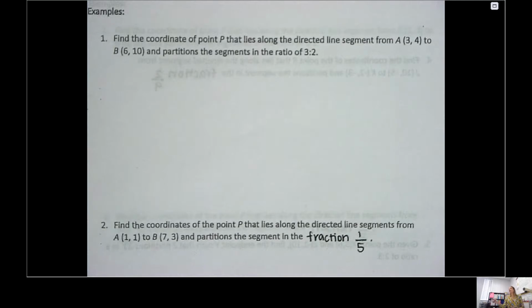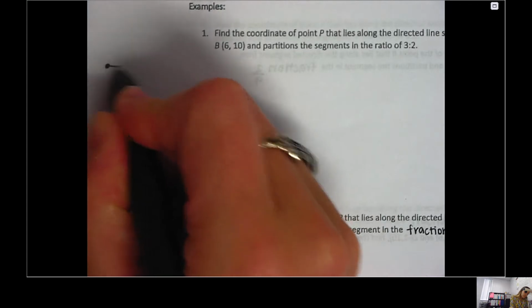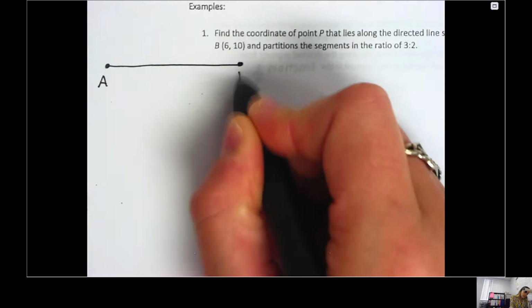Which point is your starting point? A. And which one's your ending point? B. Okay, so we're going to draw a picture. I'm going to do it over here where I have a little bit more space. Here's A, here's B.